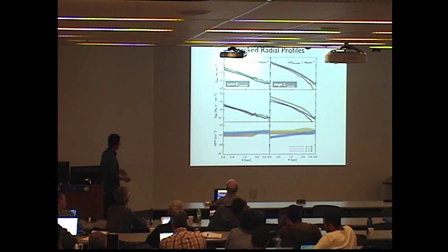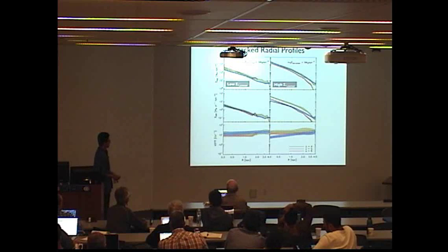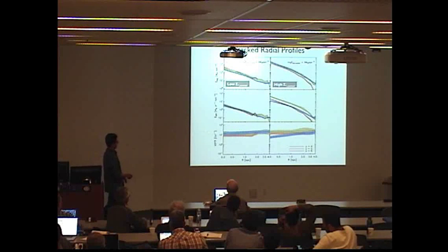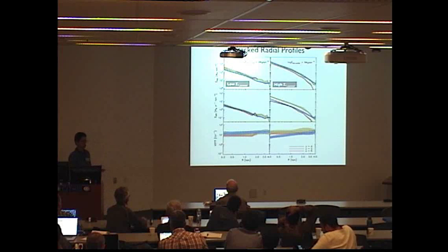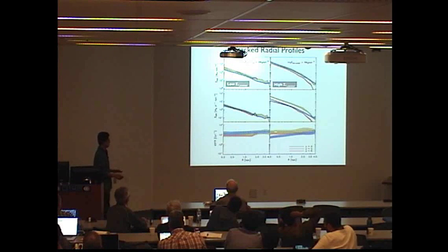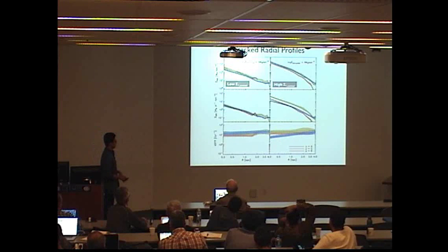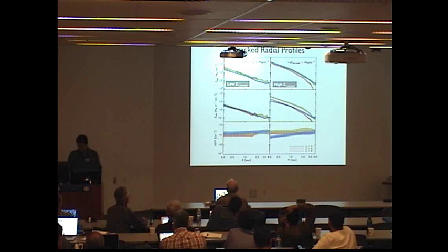Focusing on this bottom plot, which shows the specific star formation rate profile, all the galaxies at different redshifts have pretty much flat profiles. That means these galaxies form stars almost uniformly everywhere, but only redshift 4 galaxies with high central mass density have a relatively suppressed star formation rate near the center, which is pretty much consistent with the results that I presented.